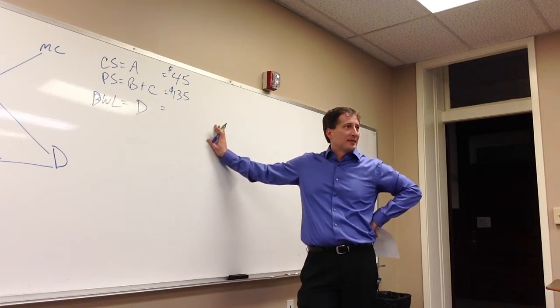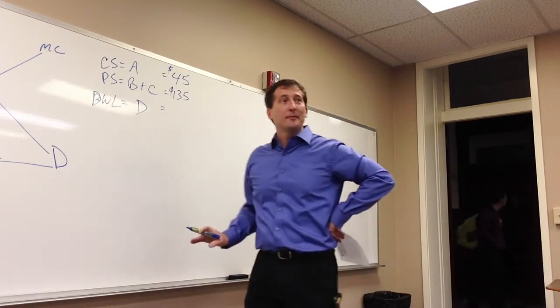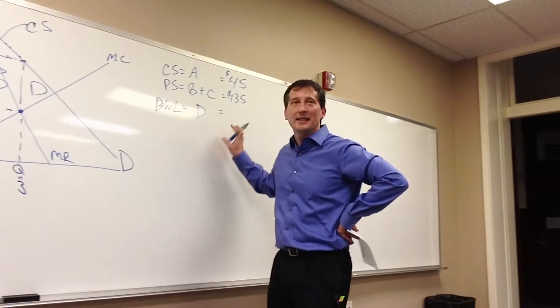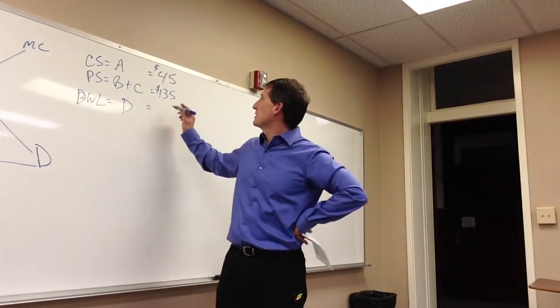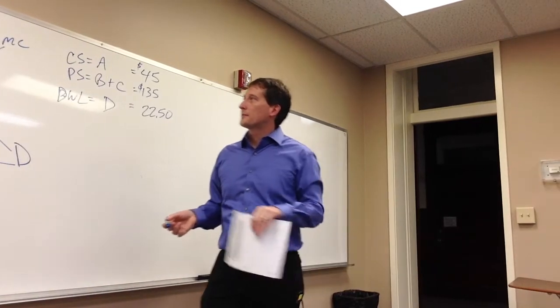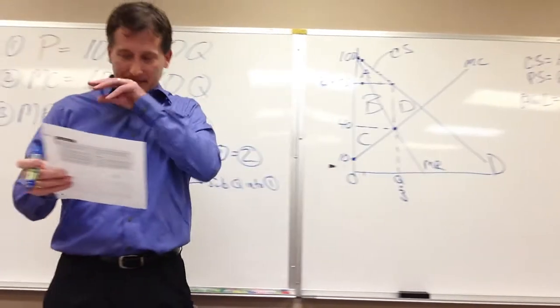Not right. He's rescinding. What do you got? How much? 22.50, which is half of 45, so you might have been on to something maybe. All right, 22.50.